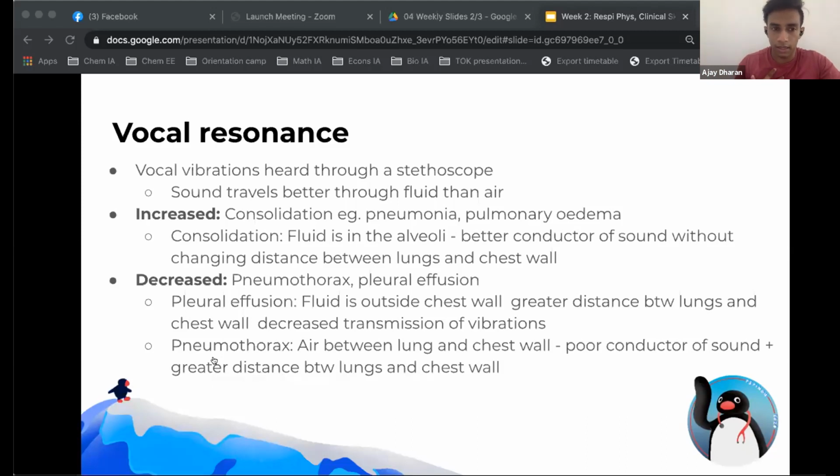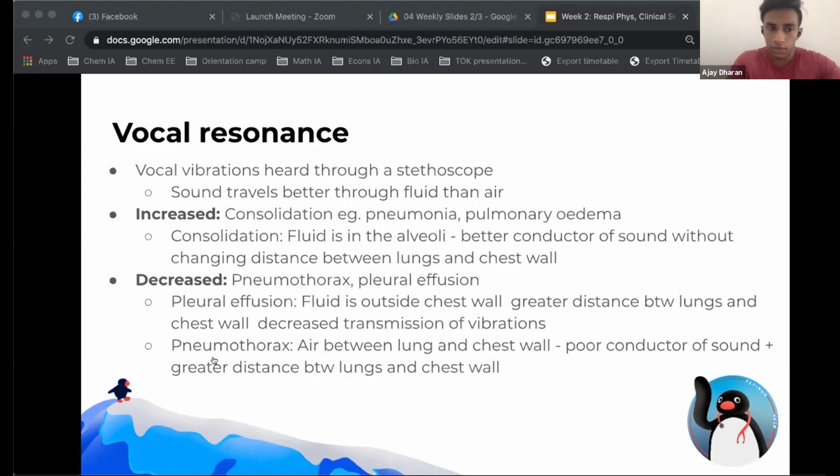You have a fluid buildup in your alveoli, and this conducts sound way faster than usual. It doesn't change the distance between your lung and your chest wall because the infection is within your lung, and there's now added fluid. So there's increased vocal resonance, and it'll seem louder when you test this.